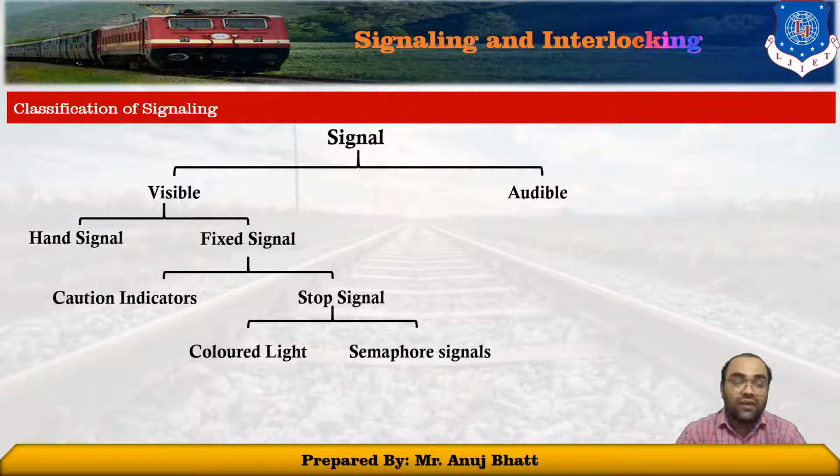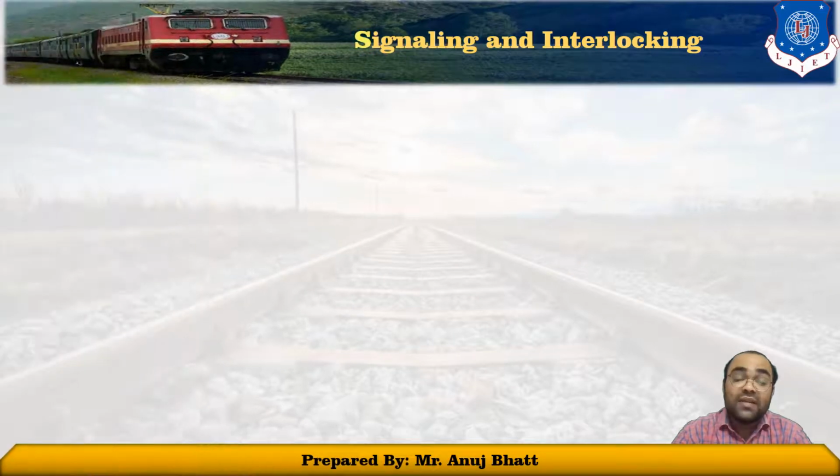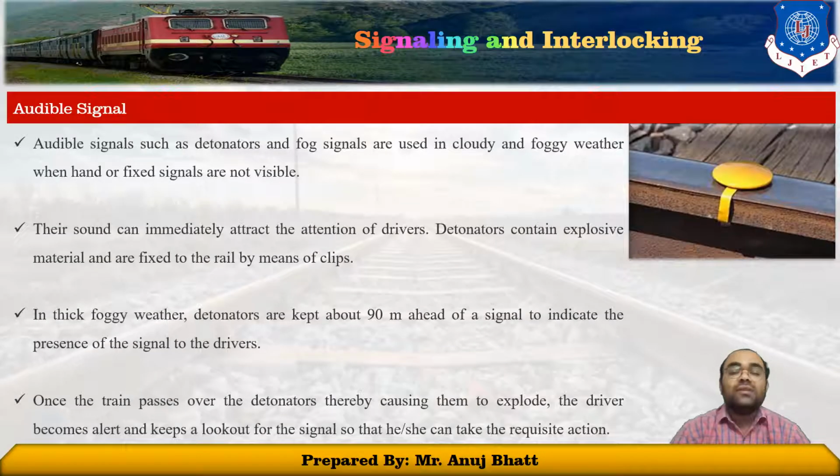The fixed signals have caution indicators and stop signals, with colored light as well as semaphore signals. Let's initially discuss the audible signals. These audible signals, such as detonators as shown in this figure and some fog signals, are used in cloudy and foggy weather.